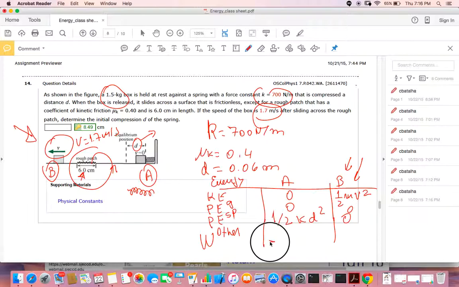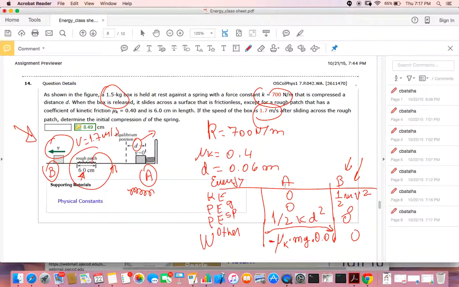So the work done by friction is the negative value of the friction, which is the coefficient of friction times the normal force, in this case mg, times how much of that patch was subject to friction, 60 centimeters. And this is the work done from point A to point B. See how simple that is?